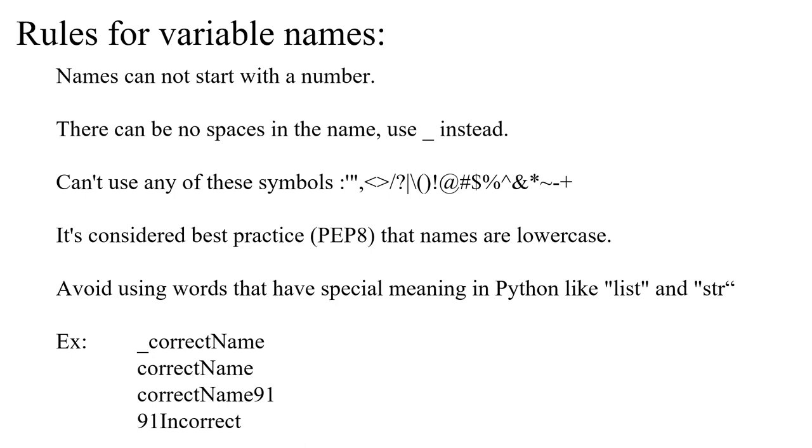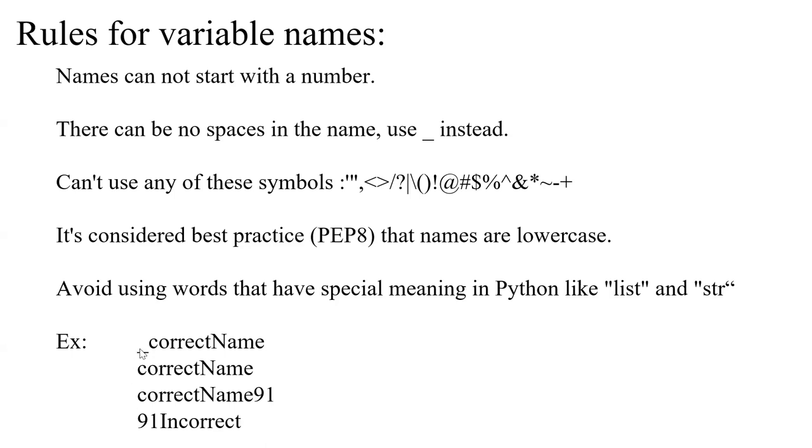Suppose, is it a valid one or invalid one? This variable, 9-1 and incorrect. Is it valid or invalid? This is invalid. Why is it invalid? The variable name should not start with digits or numbers.